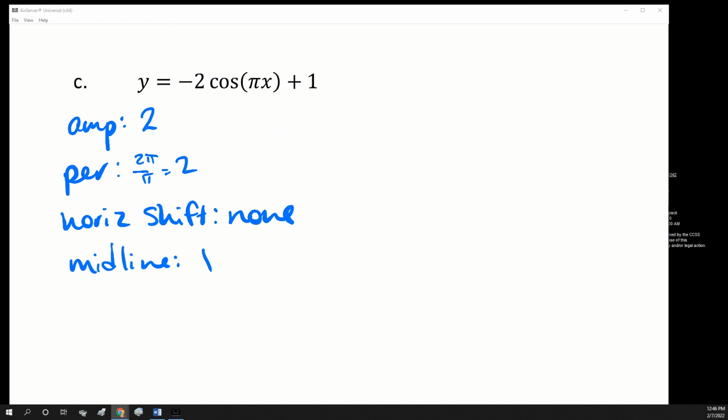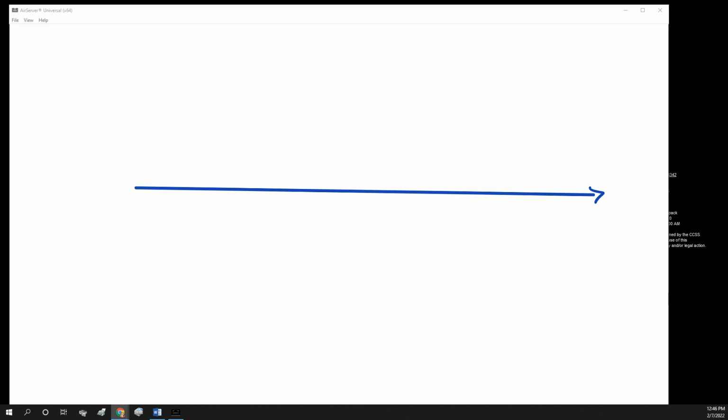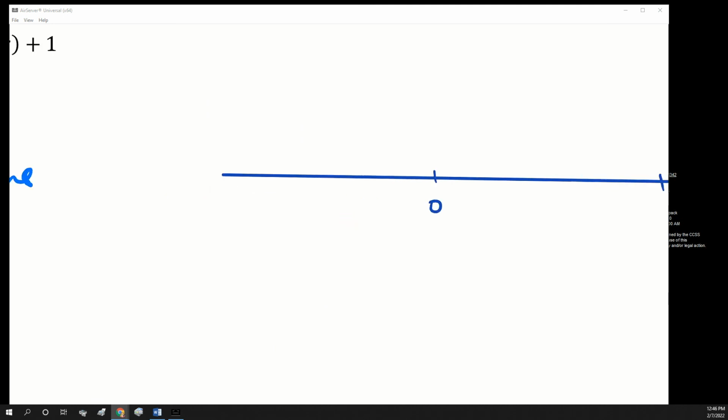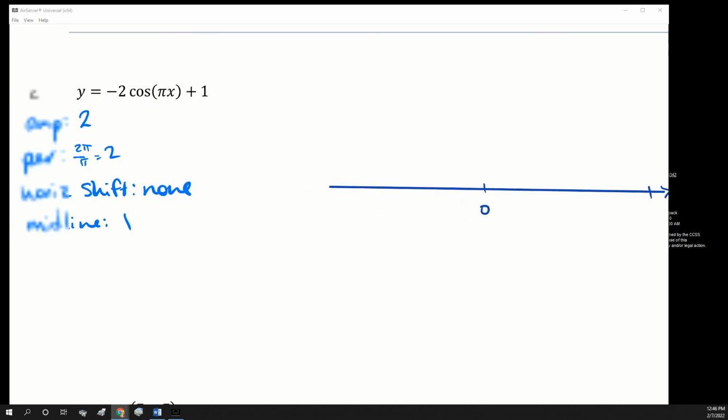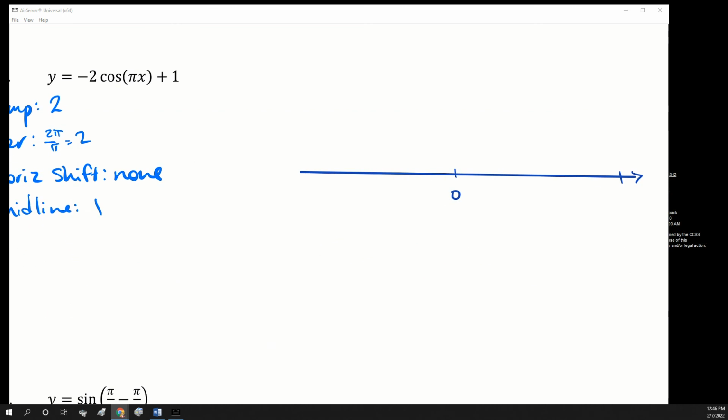Okay, so we're going to do the x-axis like we've been doing. So since this one didn't have a horizontal shift, what should be in the middle? 0. So go ahead and draw your x-axis. Put 0 in the middle. All right, at the end should be 0 plus the period, which is going to be 2.